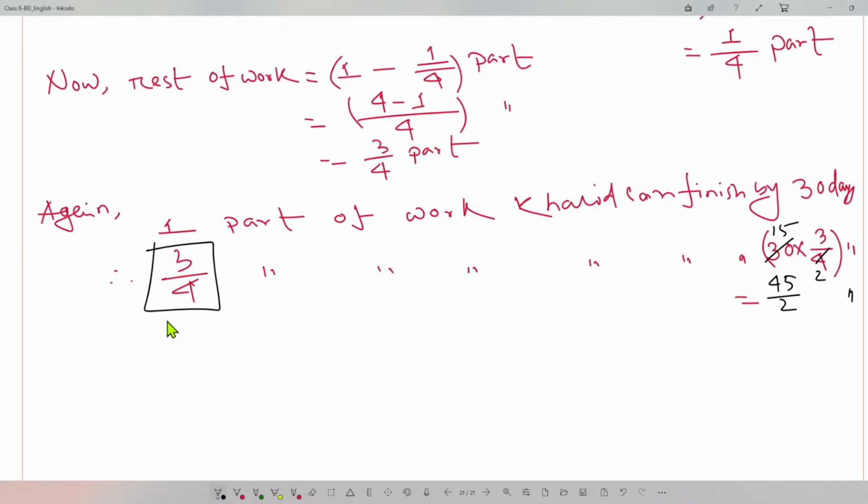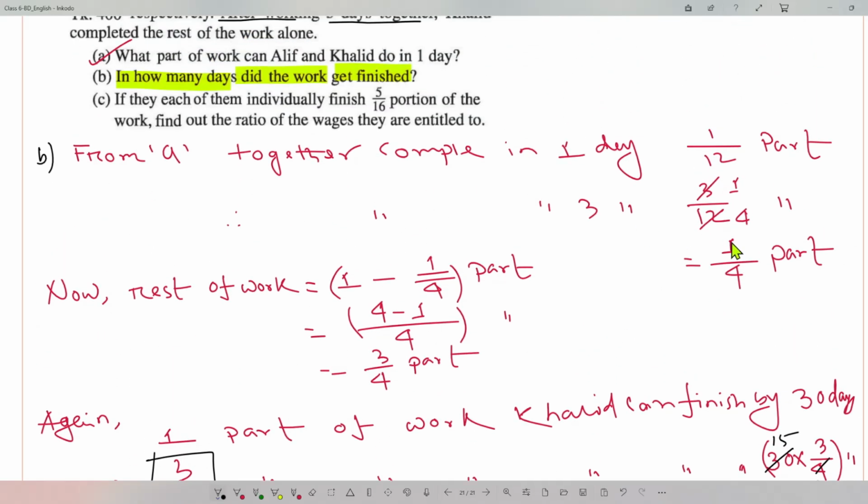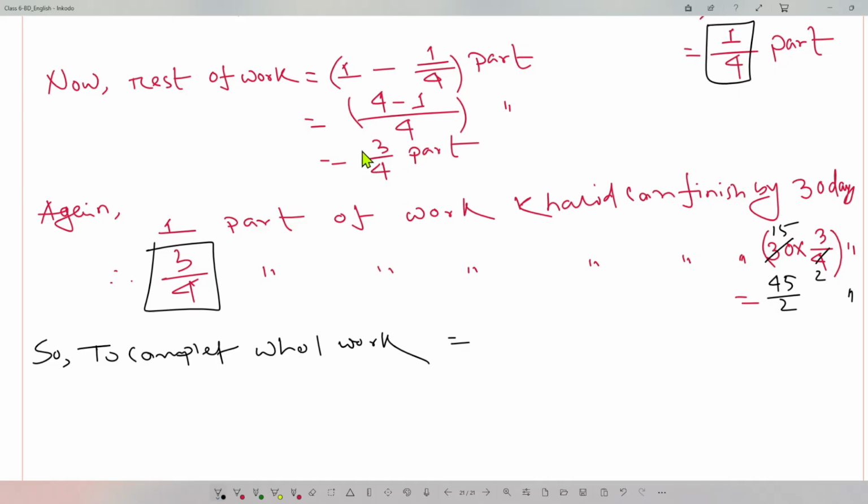Now to complete the whole work, first 3 days this part is complete, and 3/4 needs 45/2 days.